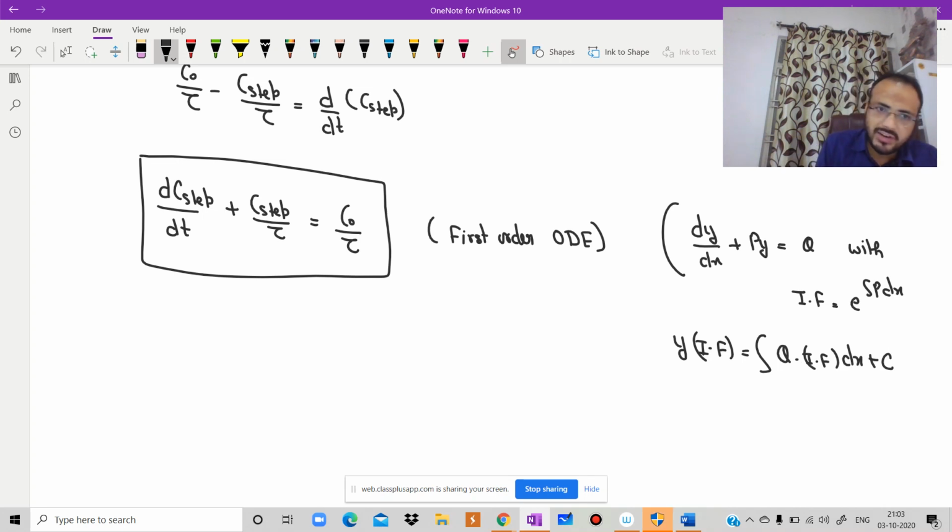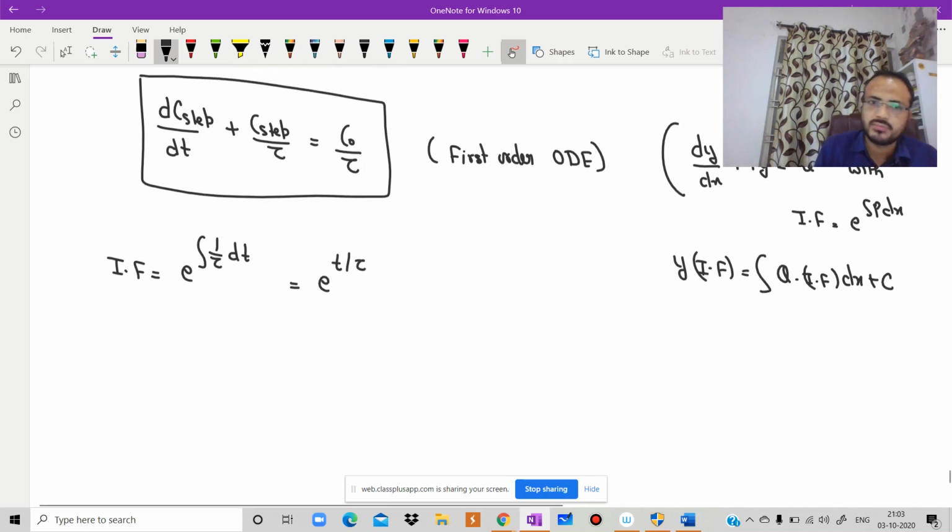Yes or no? And what is the integration factor of this one? e to the power integral of P, which is 1 by tau, dt. So the integration factor we will get is e to the power t by tau. Yes or no? Very good.